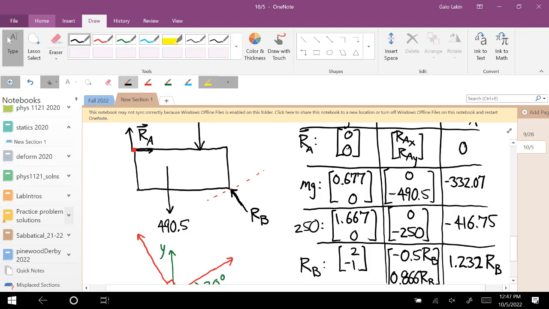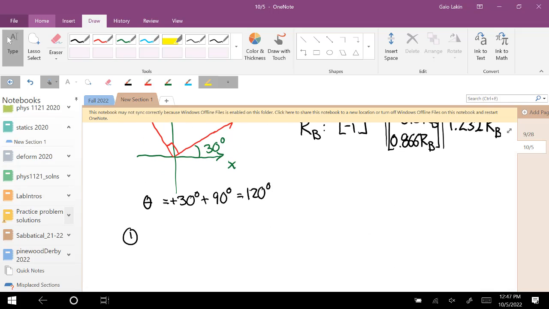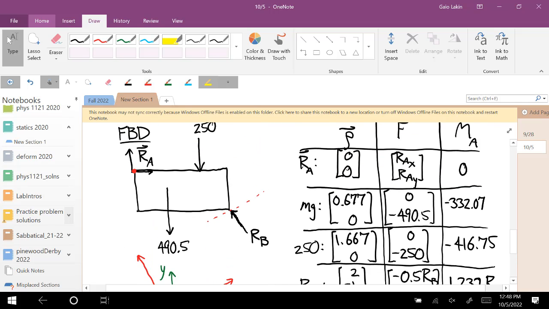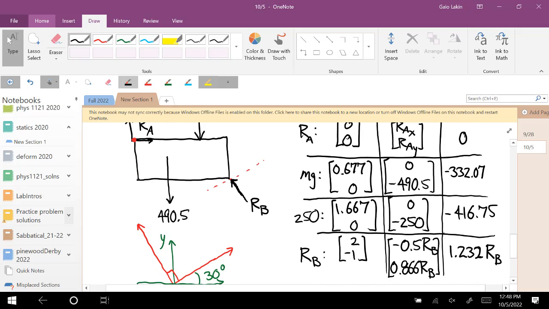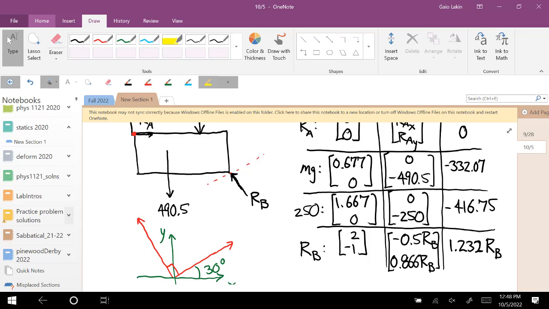RAX minus 0.5 RB is equal to 0. The y equation says RAY plus 0.866 RB is equal to 490.5 plus 250, which is 740.5.